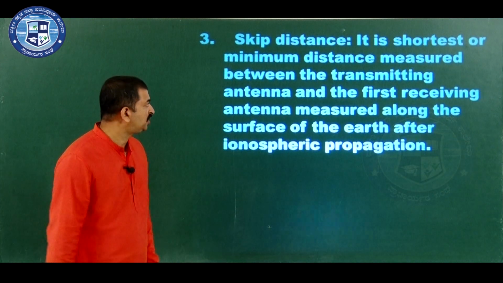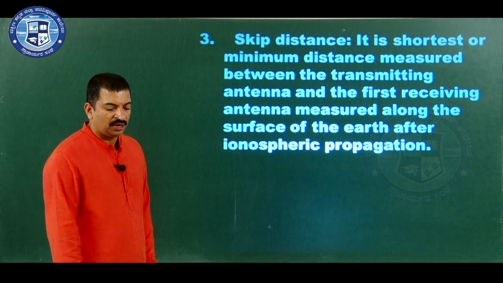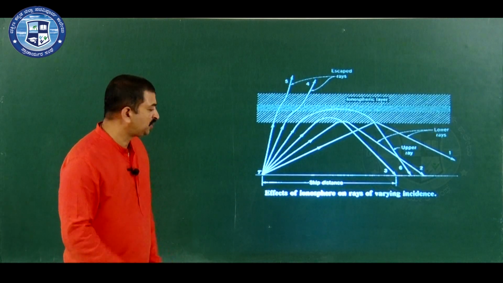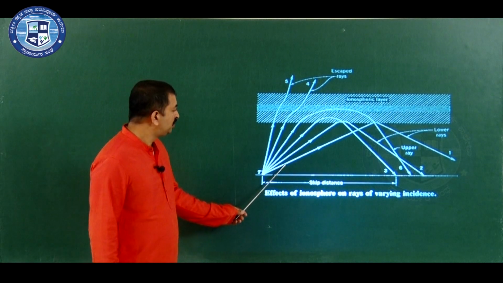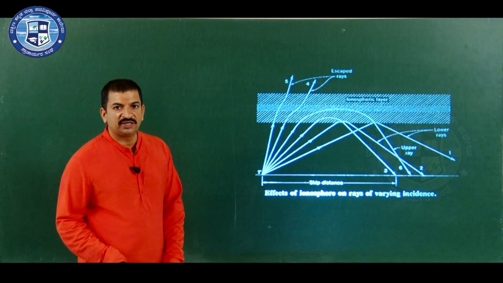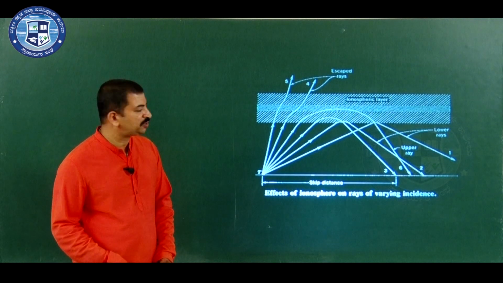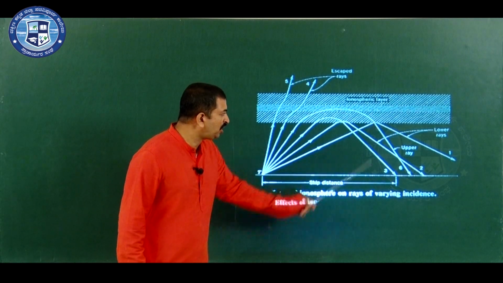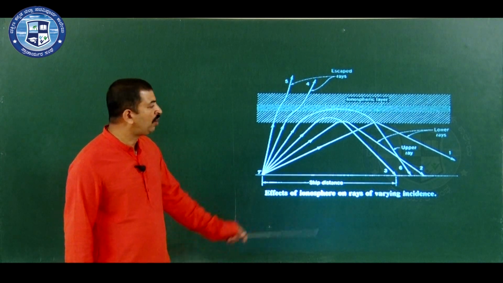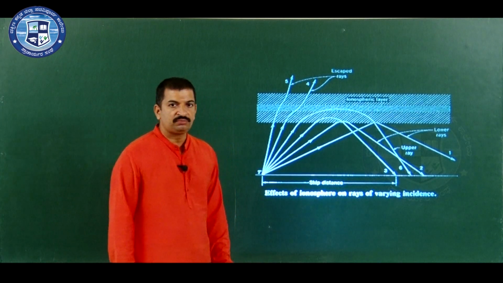The next definition is skip distance. Now, let us observe this diagram. Let me consider a transmitting antenna which radiates signals in all directions. Let me consider one of the rays which is incident on the ionospheric layer with a large angle of incidence.